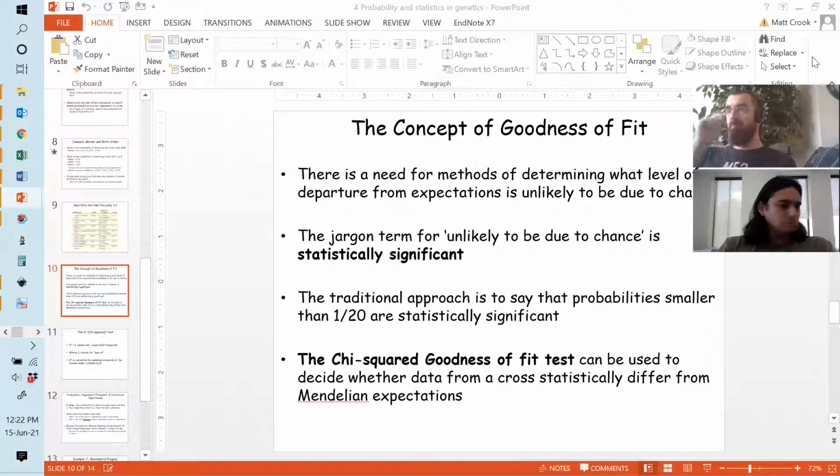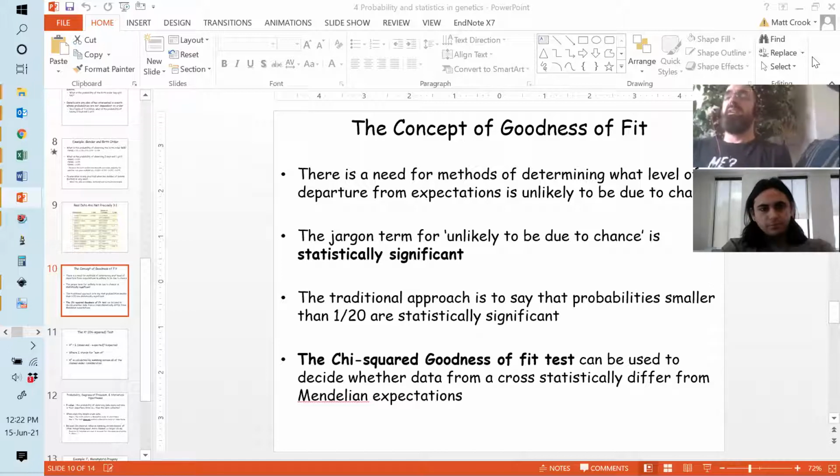And therefore something is wrong, and typically that means your expectations were wrong. So your hypothesis is wrong, and something else is going on which you're not capturing with that hypothesis.